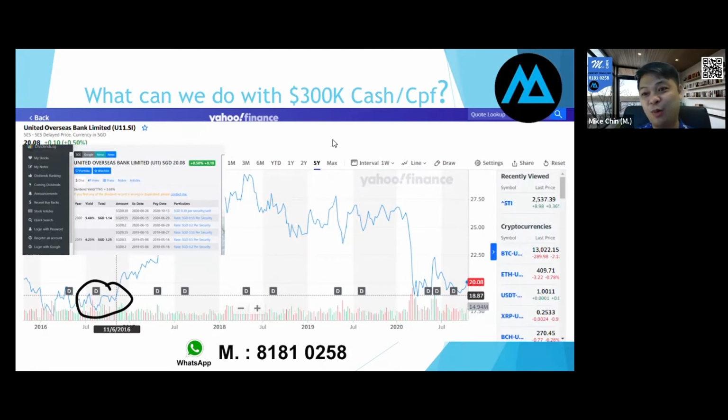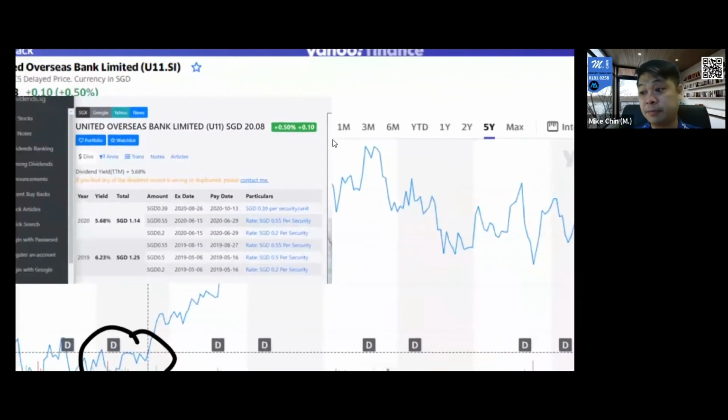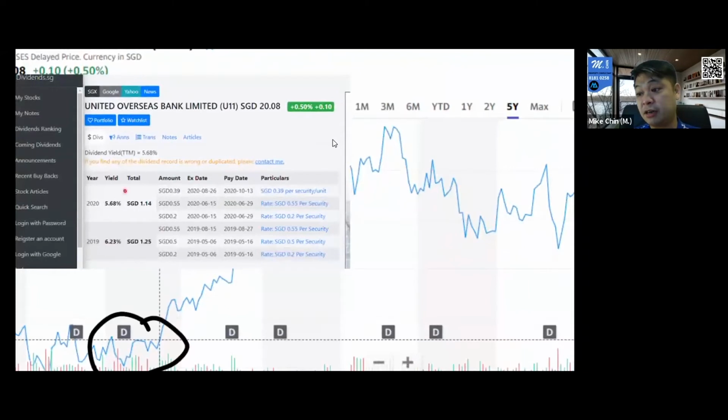The new low is always higher than the previous low. So the stock market can go down or even lower, depending on whether the company is making money or doing well or not. Here we have UOB. Of course, you say, wow, we also have dividends. Yes, we also have dividends, traditionally about 5 to 6%. Let's see.